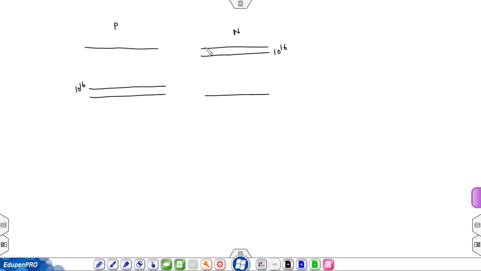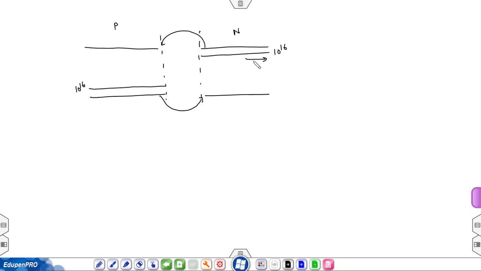If the electrons are going from N to P, definitely the concentration here will be less. 100%. If it is doped uniformly at 10 to the power 16 and the electrons are going from N to P, definitely there are fewer electrons here. And if the holes are going from P to N, definitely there is a lower concentration here near the edge of the semiconductor. Near the edge of this semiconductor, you definitely have fewer electrons as compared to this side.